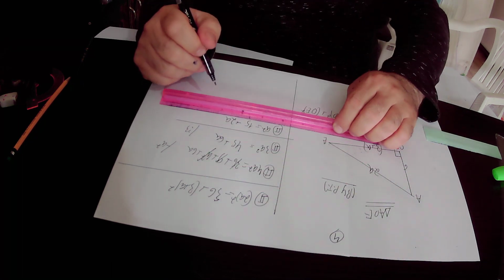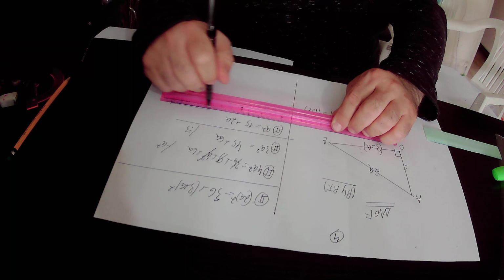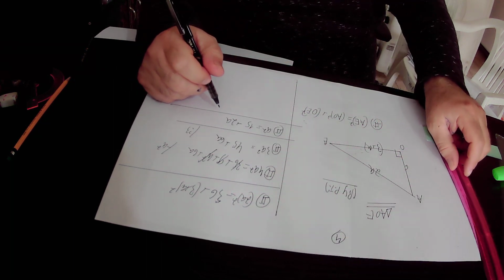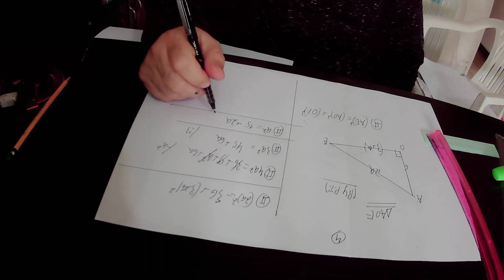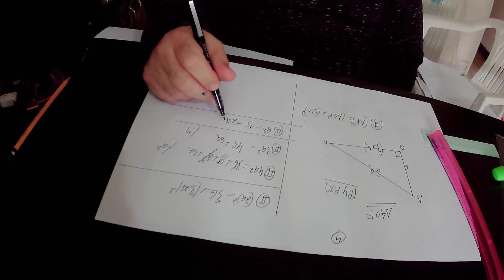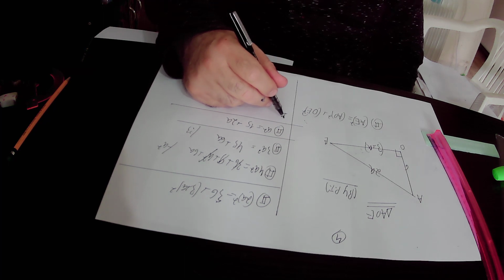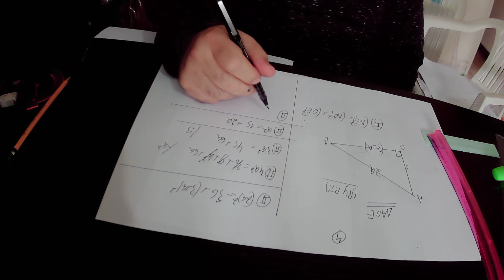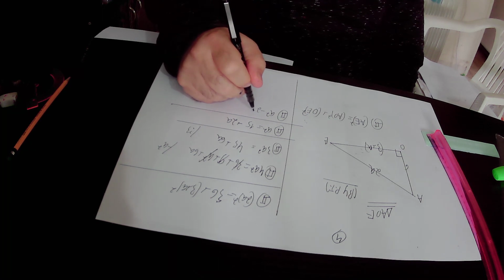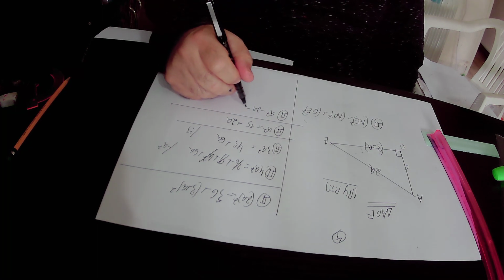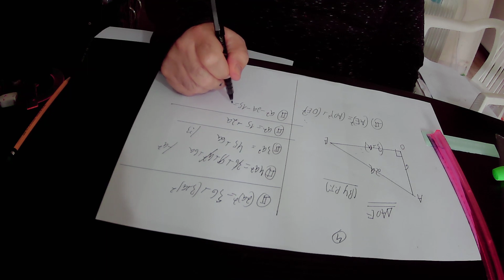So in conclusion, according to equation number 2, A squared equals 15 plus 2A. We subtract 15 and also 2A from this equation, and we get A squared minus 2A minus 15 equals 0.